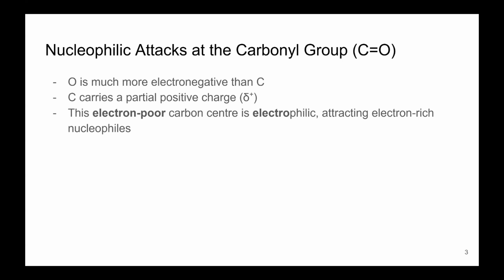So the C-O bond is usually considered covalent, while the sodium-oxygen bond is considered ionic.